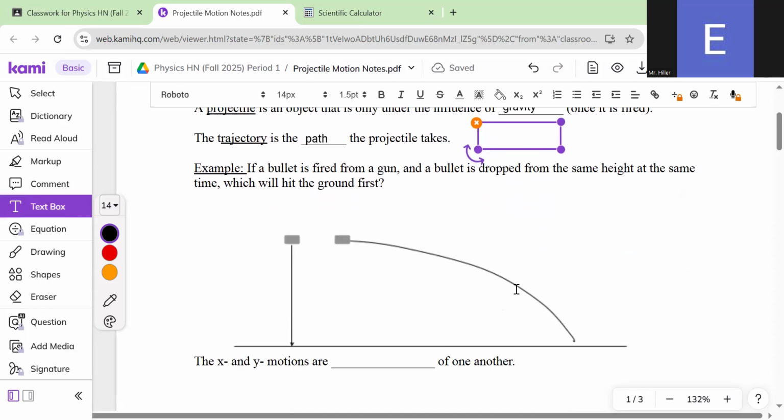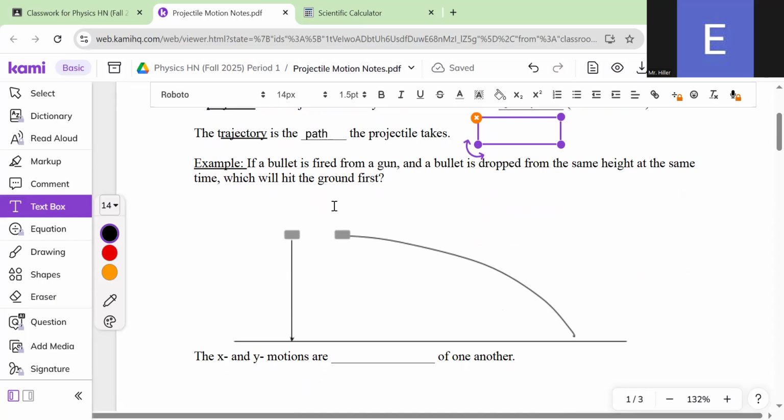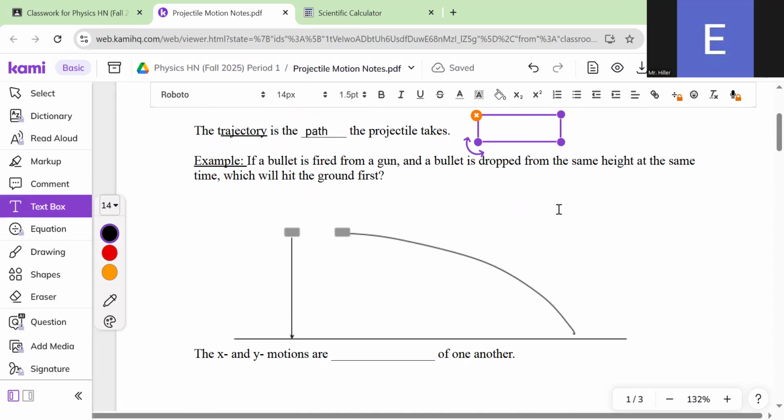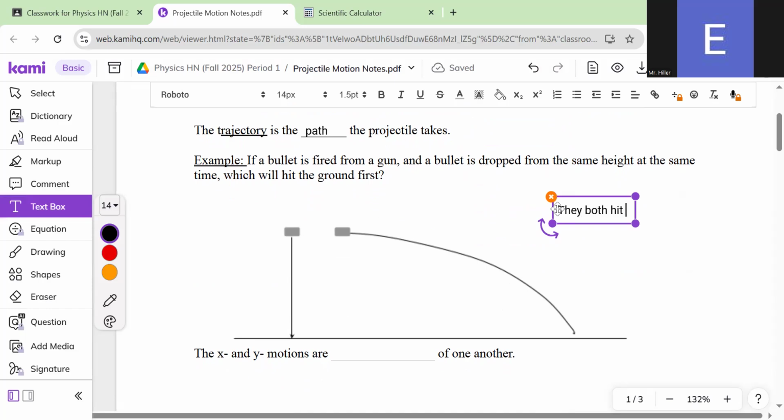Example: if a bullet is fired from a gun and a bullet is dropped from the same height at the same time, which will hit the ground first? So you have two objects. One is dropped, one is launched horizontally. Well, the trick is they both hit at the same time.